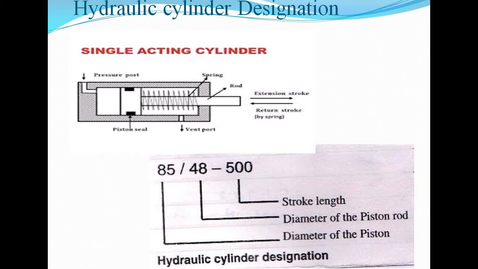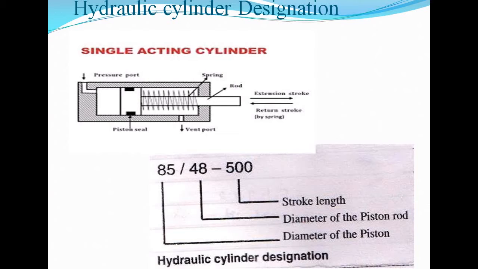So what happens? When we start providing pressurized fluid through this pressure port, this piston will start slowly moving against this spring pressure and it will move towards the right. In this way we get a linear motion.